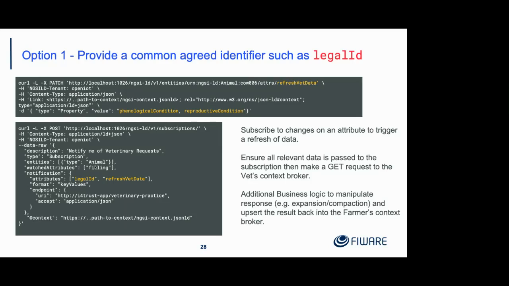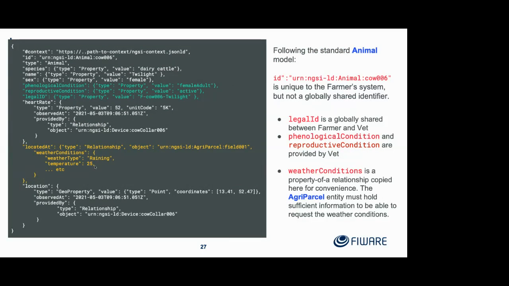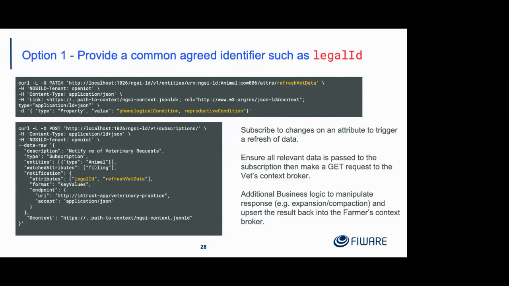So if they want to change phenological condition to something else, I can still use these terms in my request because I'm saying, according to my context, it's this full long URL. So I might retrieve back their information. It might need some sort of logic. I would then need to end up doing an upsert back into my cow to say Twilight is now a female adult, or Twilight is now an active adult, or whatever. So you can see how the information could get in there.